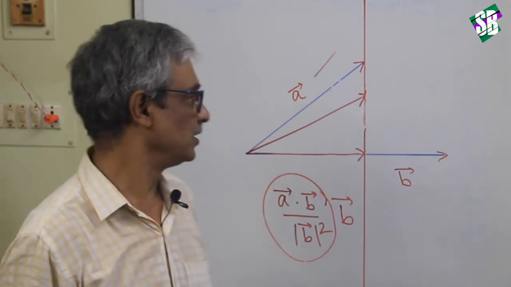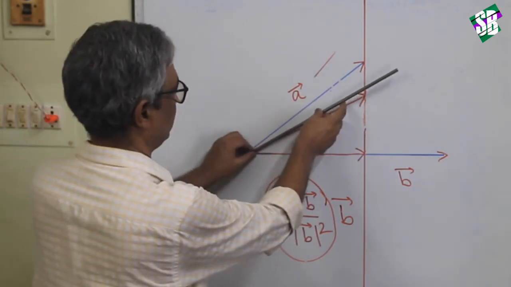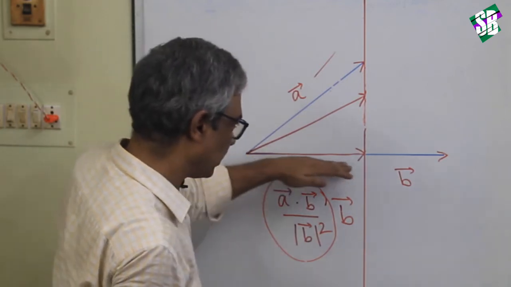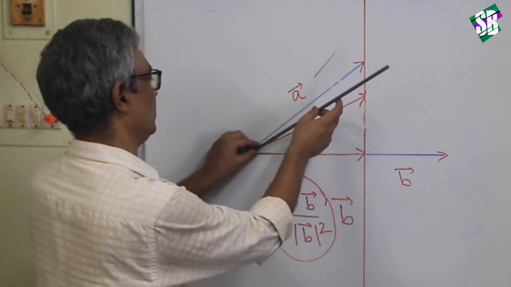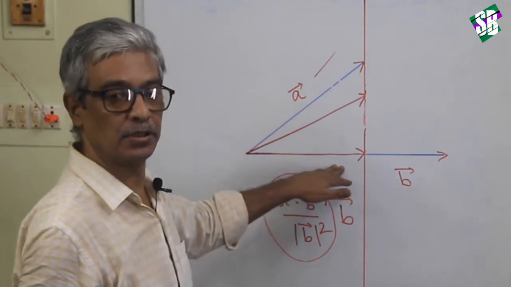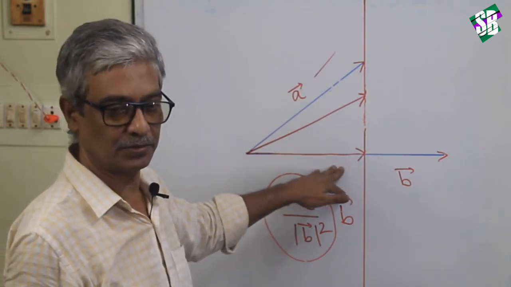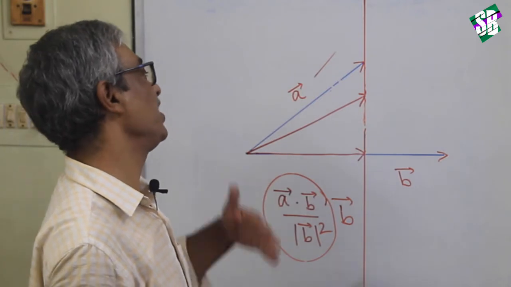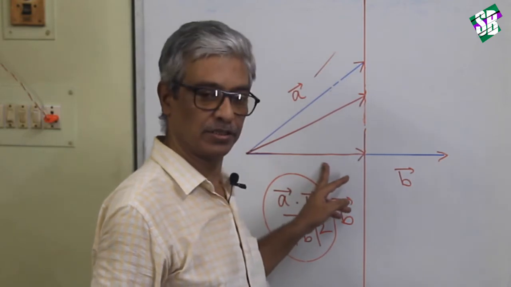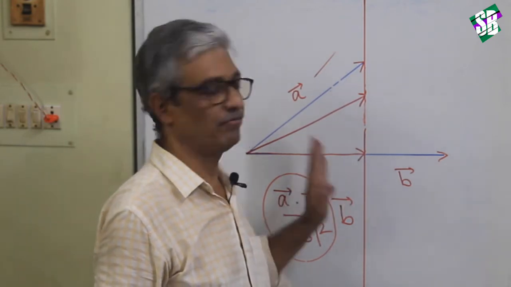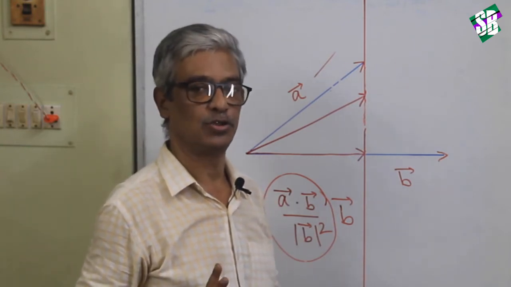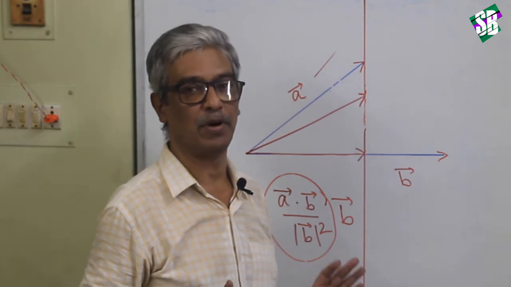Even if you rotate this vector with the same angle about this axis, then all these vectors have the same projection along b vector, right? Then you get many more vectors. So for a given projection, there are infinitely many vectors. Okay, this should be kept in mind.